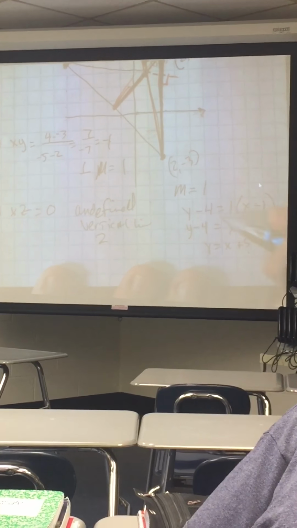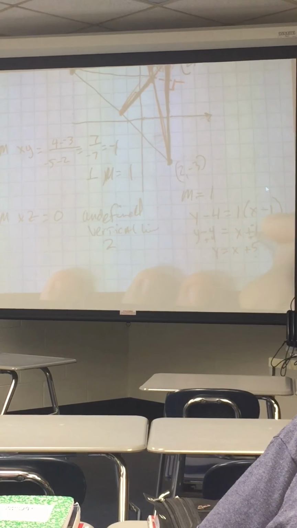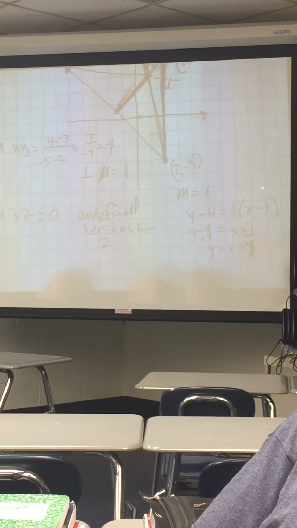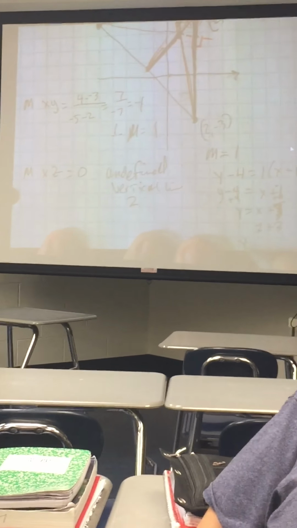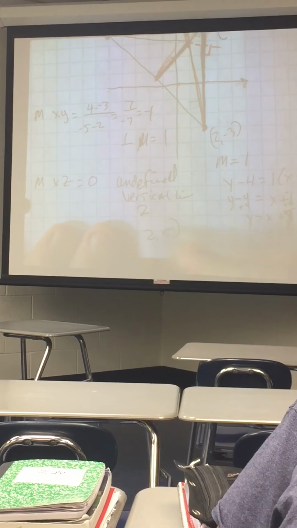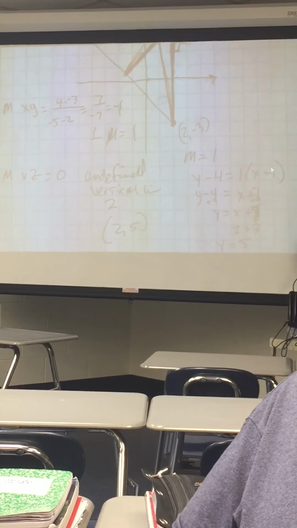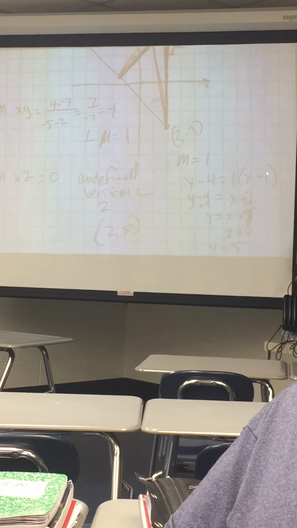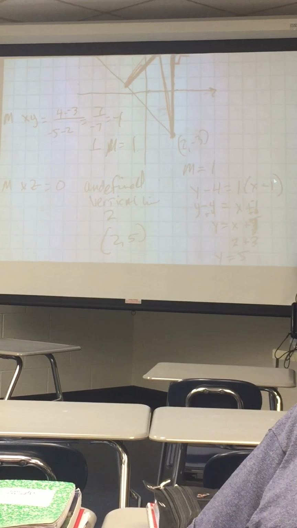This is not plus 1, this is minus 1. And then when I add 4, that makes this 3. And so when I put my 2 value in, then I get y equals 5. And so my point of intersection is 2, 5. Sorry about that. You guys see that? So that's minus 1, and I add 4 and I get plus 3.